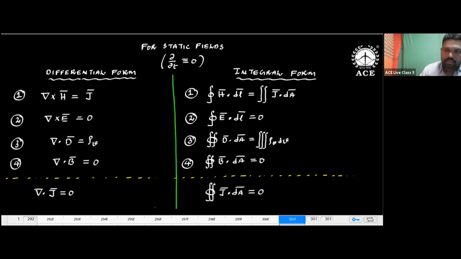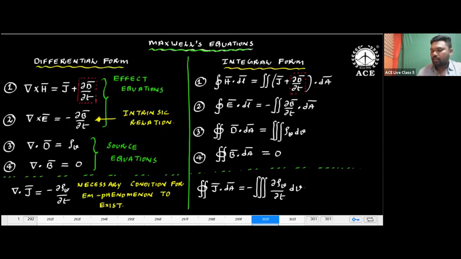Yes. So this is electrostatics. This is magnetostatics, beta. This is magnetostatics. This is magnetostatics. This is magnetostatics. This is electrostatics. This is electrostatics. This is electrostatics. Okay. So the electrostatics and magnetostatics are special cases of EM phenomena.